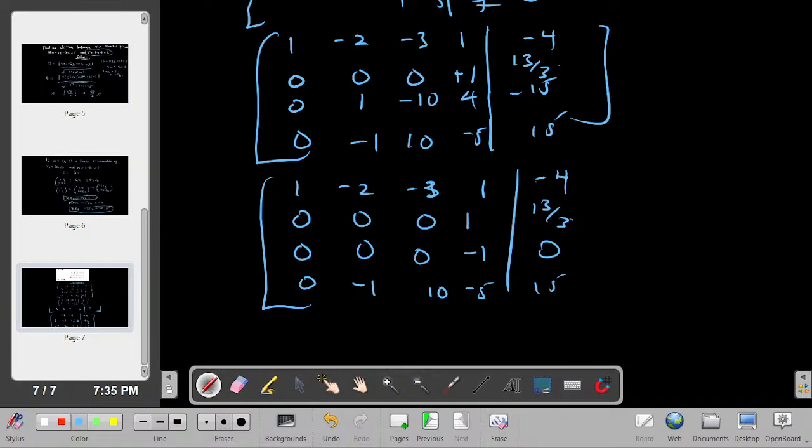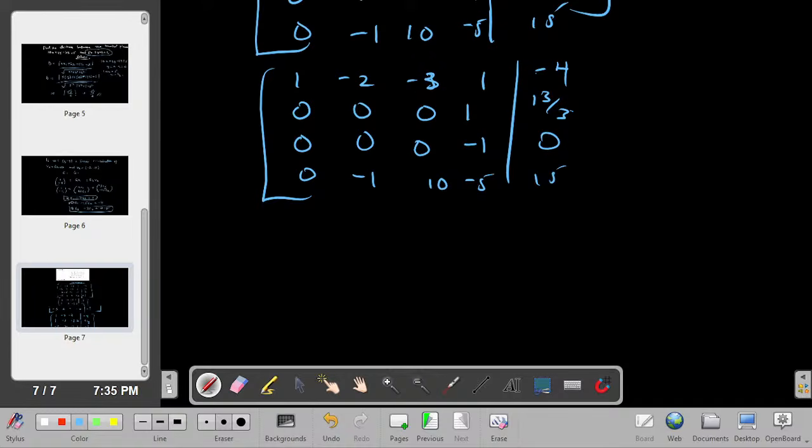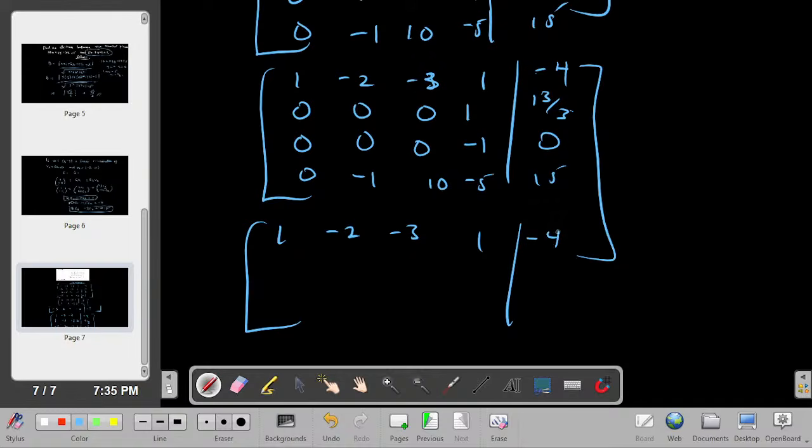So at this point, I can easily switch my last row to my second row. See, with the row operation, it doesn't have any order. You just have to be careful. 1, negative 2, negative 3, 1, then negative 4. Switching the last row, second row, I'll have 0, negative 1, negative 5, 15.